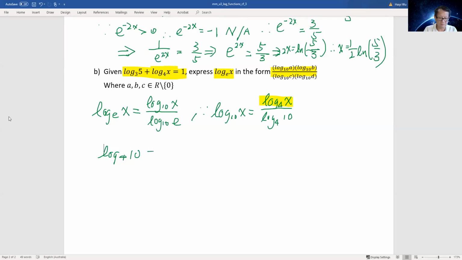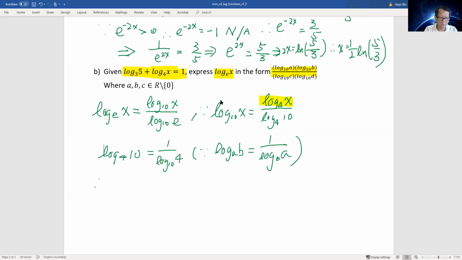Can we change it back to base 10? Yes, we can. If I change it to base 10, we're using this formula: we just do 1 divided by log base 10 of 4. Why? Because we have a formula: log of A base B is 1 divided by log of B base A, swapping the base with the log number. So now we change back, so everything we want to focus on is base 10.